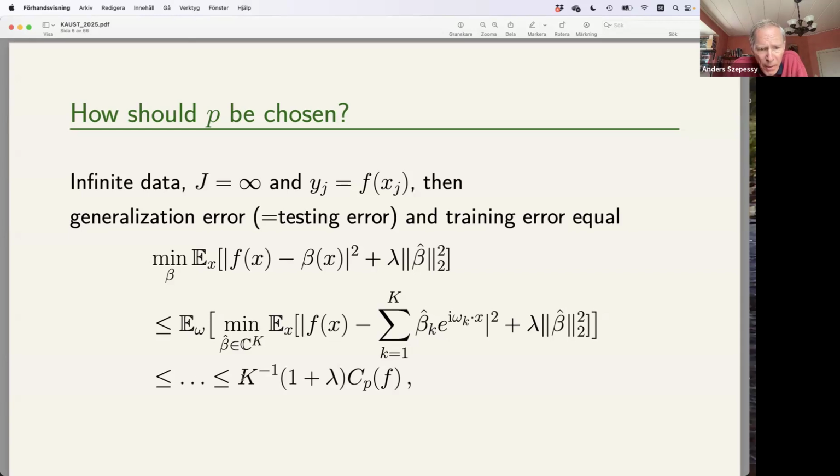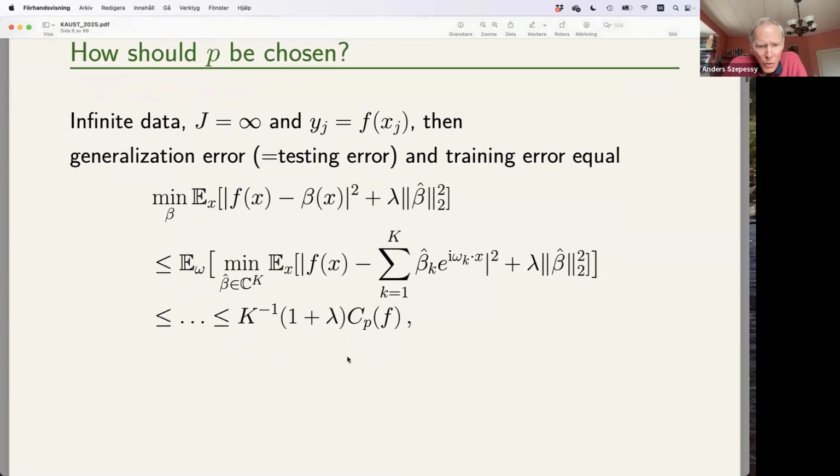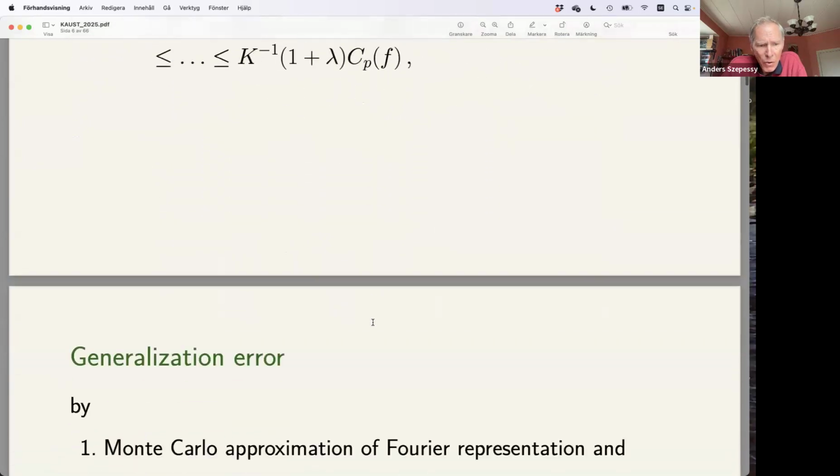Then one does some steps and one obtains an estimate of the error, the generalization error estimate. This is standard, and it is the way we will understand the convergence of this resampling random feature method. So our next goal is to see how should we choose P in order to minimize this constant that comes up here. That is our main goal now.